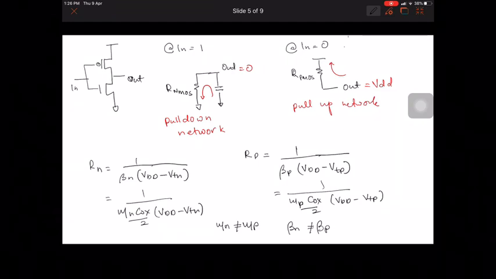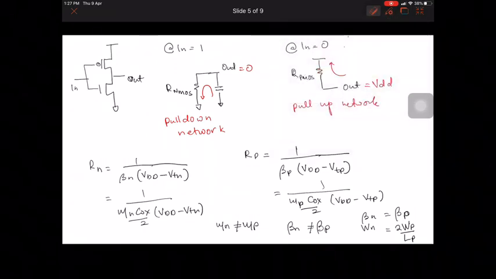If we want beta n to equal beta P, you have to multiply the width of the PMOS to be twice the width of the NMOS.